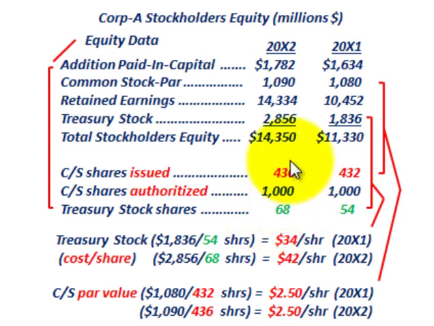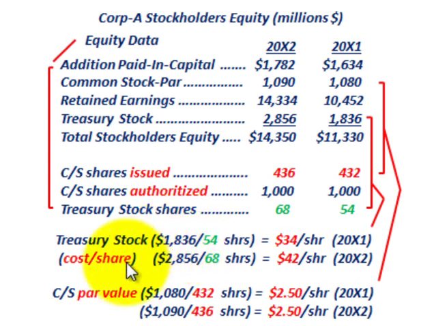So at any one time, the number of shares actually outstanding is the number of shares issued, less the treasury shares that the company bought and is holding as treasury stock. We'll get into that later, but first, let's understand this treasury stock on a cost per share basis.